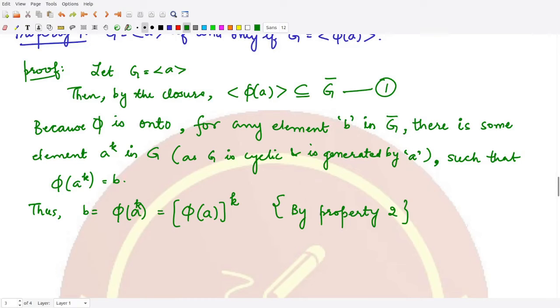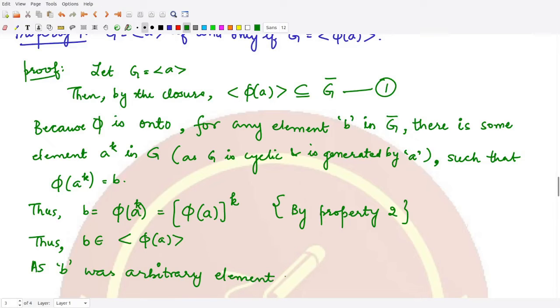Therefore B belongs to the group generated by phi of A, and as B was an arbitrary element in G bar, G bar is a subgroup of the group generated by phi of A.